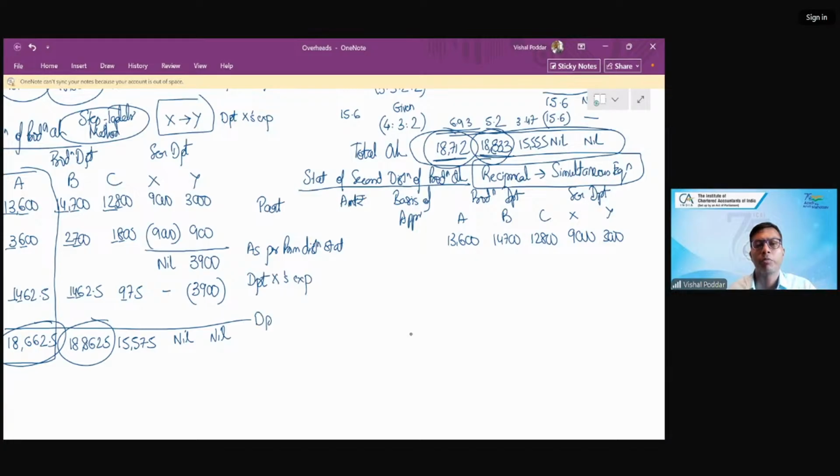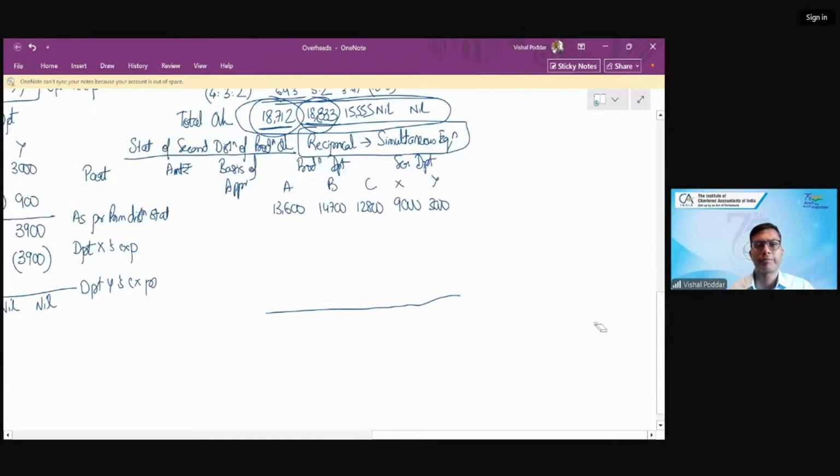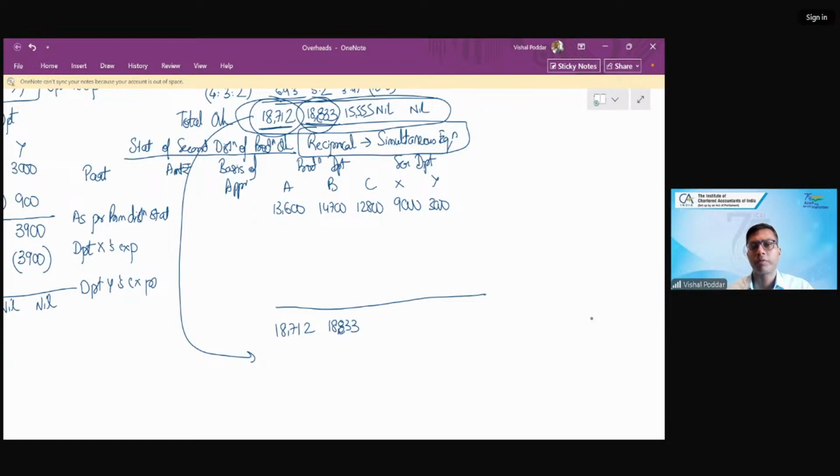I will distribute department Y's expenses. And in one step of distribution, I will get the same answer. It will be 18,712, 18,833, 15,555, nil, nil.